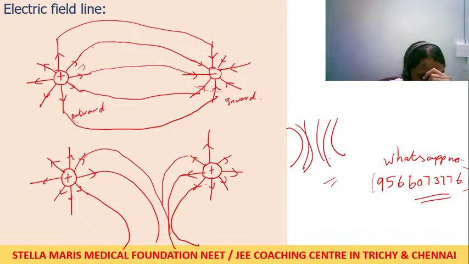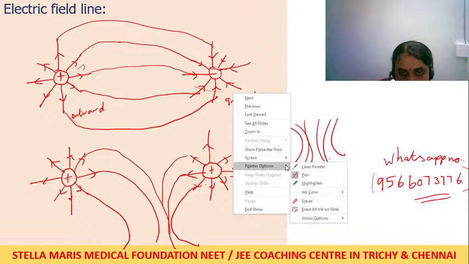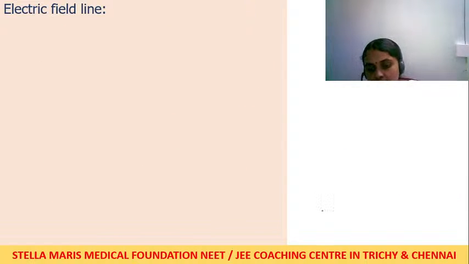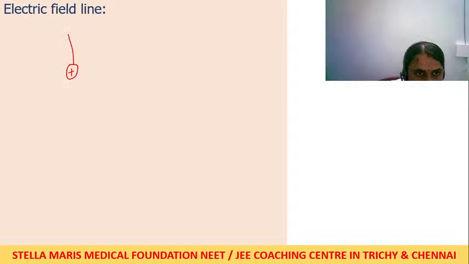One more thing, I will rub this and write the next points here. If you still have any doubt in these points, tell me in the comment, and I will repeat it once again. Consider this is the positive charge and these are the electric field lines.